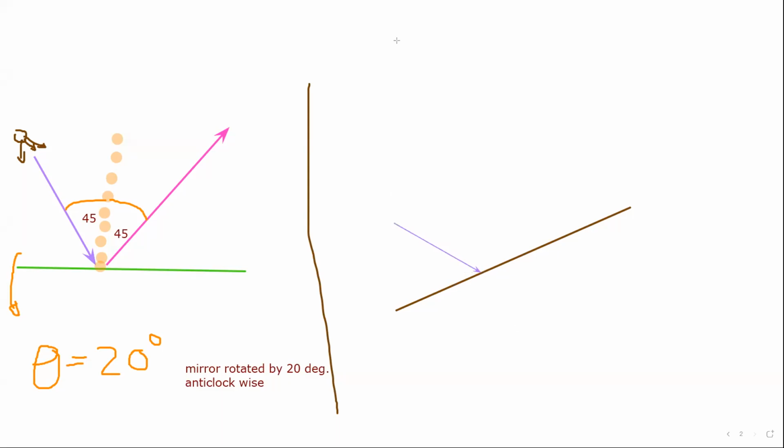And the normal, is it changed? Normal line, is it changed in this case?